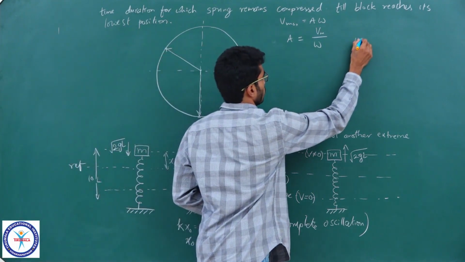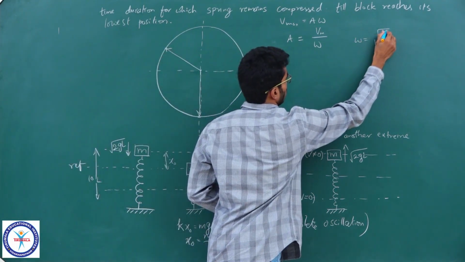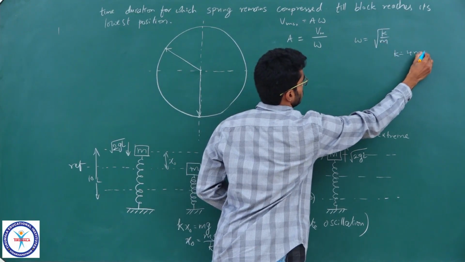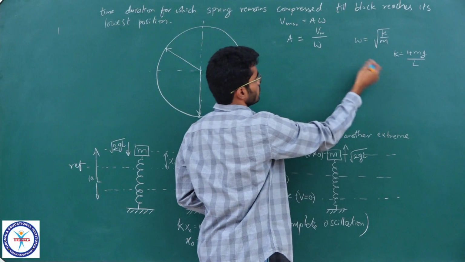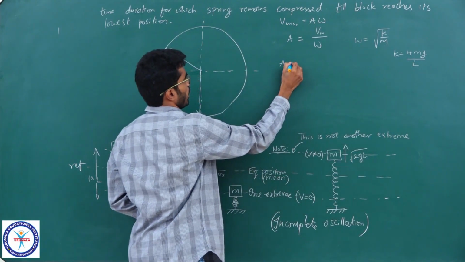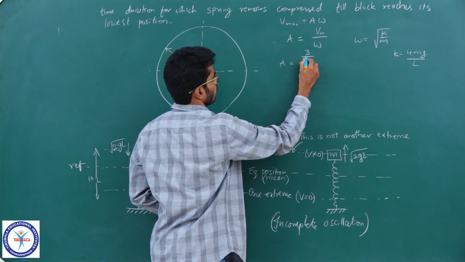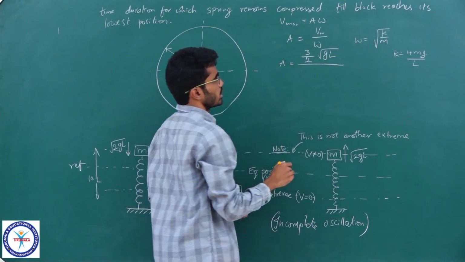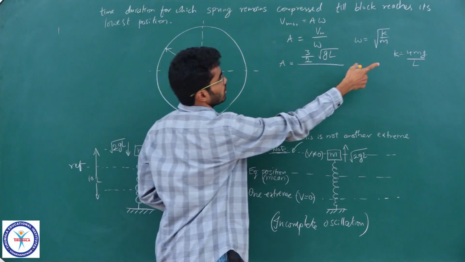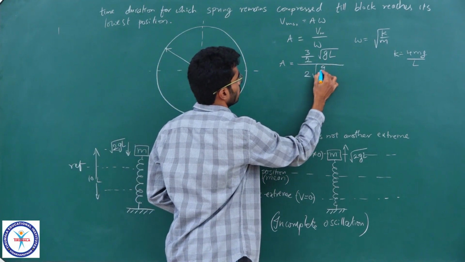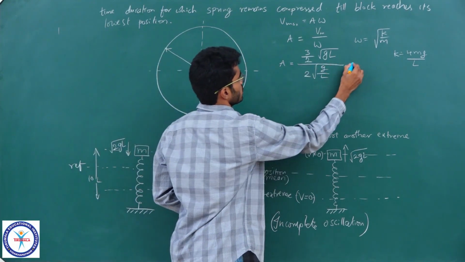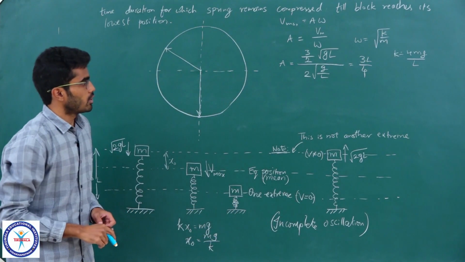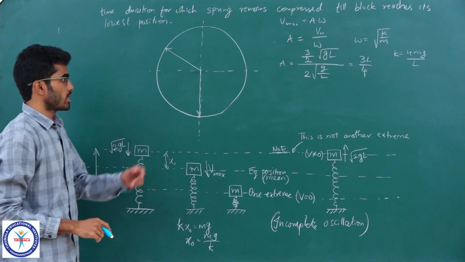Omega will be root K by M, and K is 4 mg by L. So, making use of this, amplitude is V max we have already calculated 3 by 2 root GL, and omega will be 2 root G by L. So, this gives you 3L by 4. So, the amplitude in this case is 3L by 4.